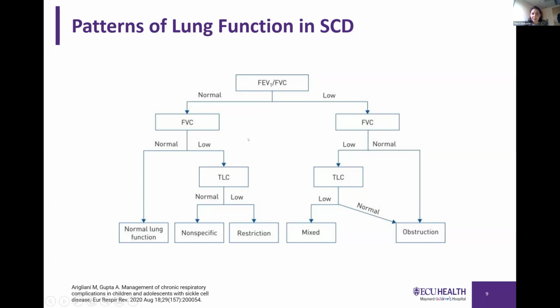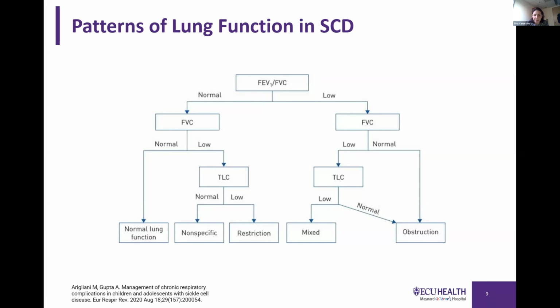But basically, we can see all of these patterns, and because we lack studies prospectively looking at lung function, it's hard to know if within sickle cell disease this is a trajectory from childhood to adolescence to adulthood, or is it a specific subset of the population that is having these changes in lung function over time?